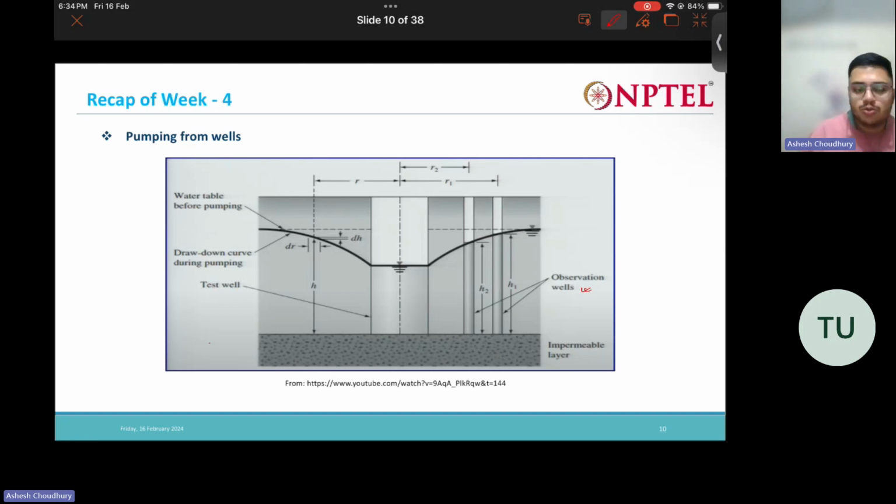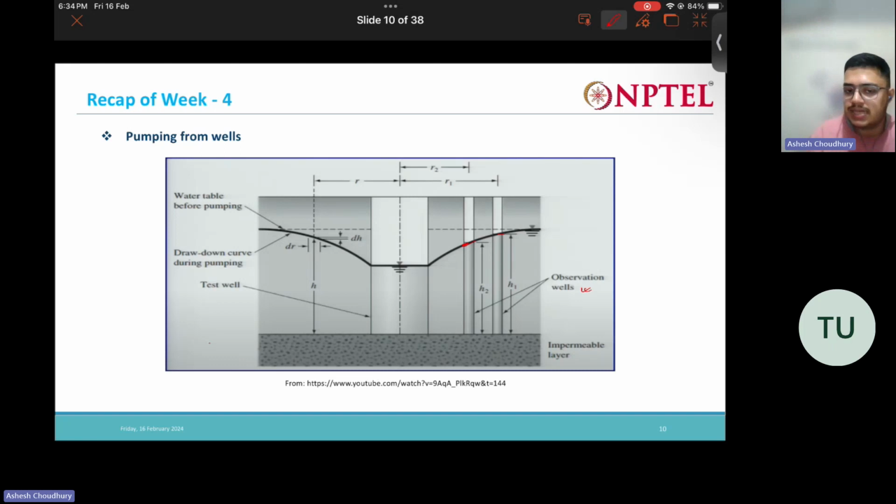We use a pump, and we keep pumping out water while we keep checking the water level in the test well, till the level becomes almost constant. This level does not change anymore. We keep on pumping out.